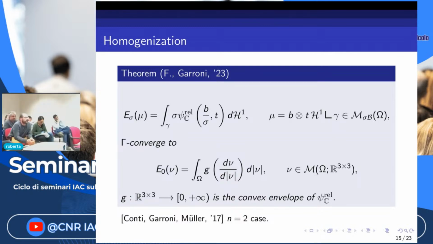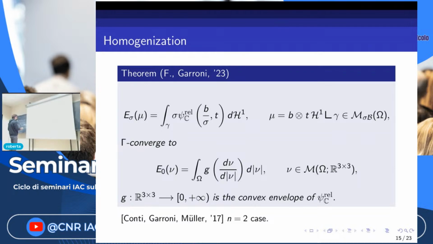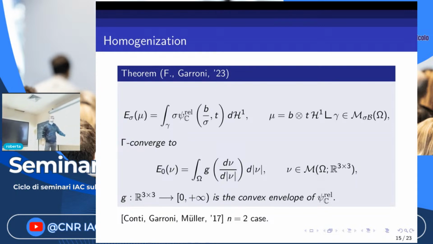What we see is that again there is a relaxation phenomenon, slightly different from the first one, because before we had microstructure. In this case, it's going to be a problem of convexity of the C_rel, which might not be convex, and it is a classic fact in relaxation that convex energies are optimal.